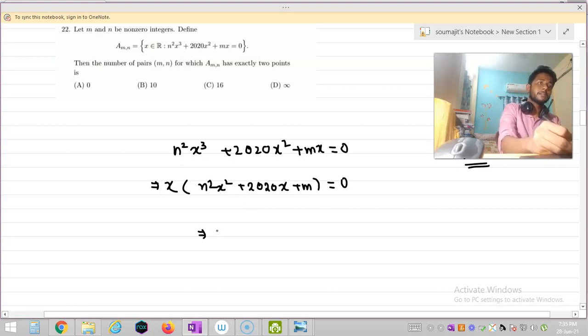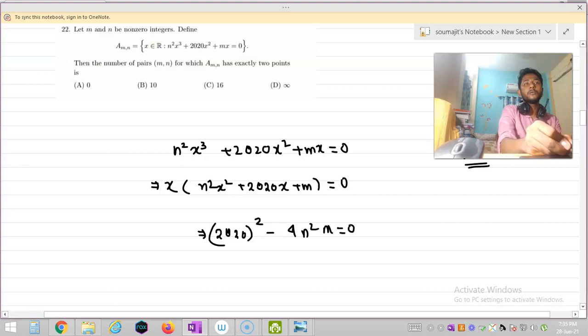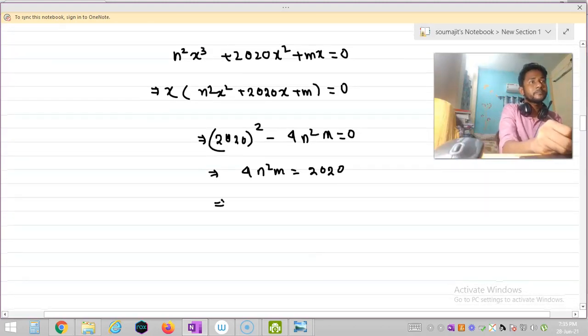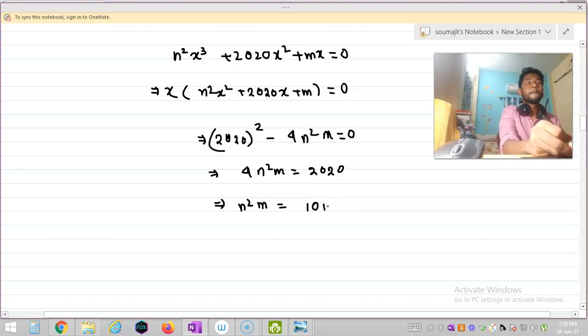So I can write b square minus 4 n square m is equal to 0. So I can write it as 4 n square m equal to 2020 square. Hence I can write n square m as 1010 whole square, just a second, this is square, so I can write it as 1010 squared.